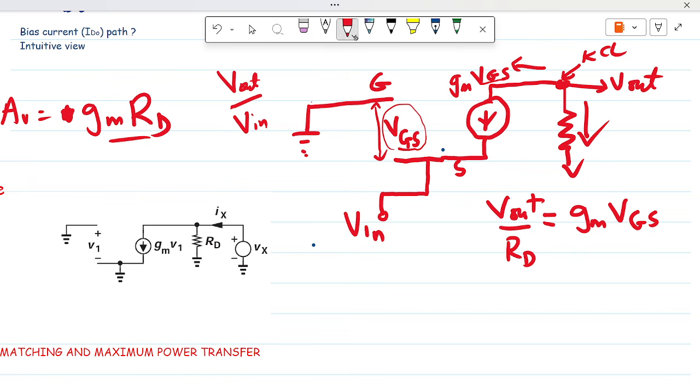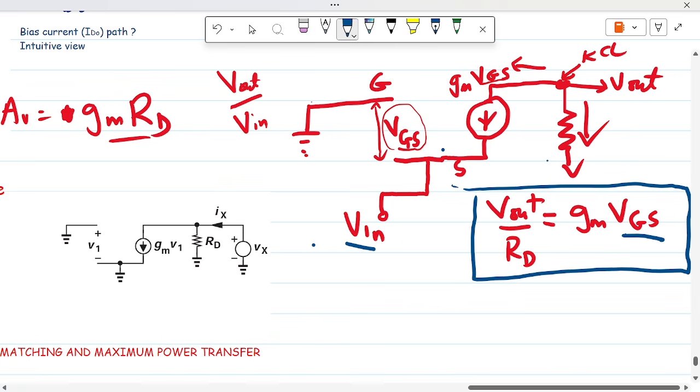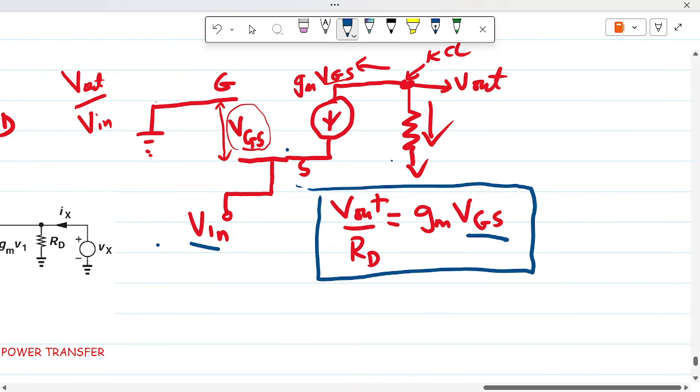So now what we want to do is find VGS in terms of Vin, so that this whole expression would have Vin and Vout in the same equation. Coming here, if we complete the node, we have voltage VGS right here, which is controlling the current through this node. Then our input signal also comes in here.